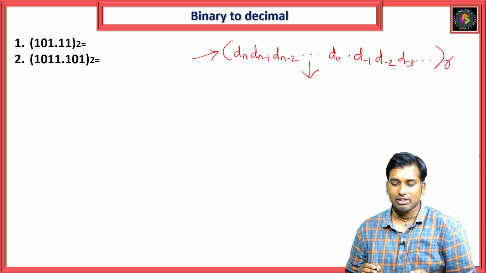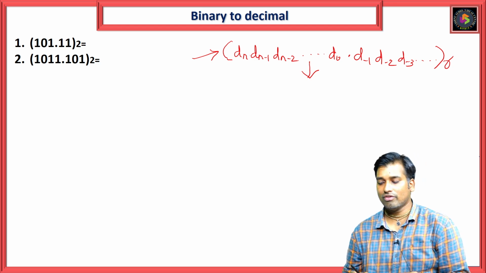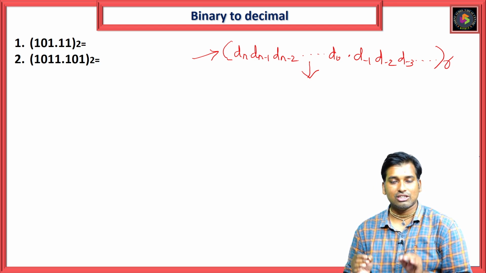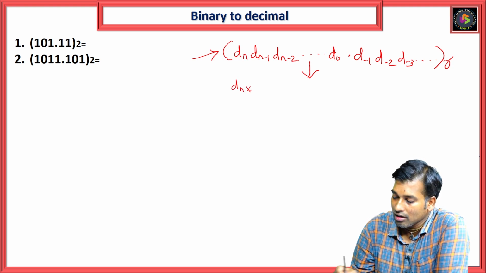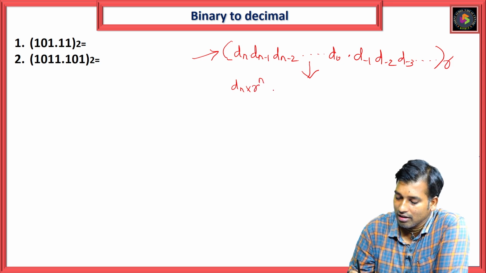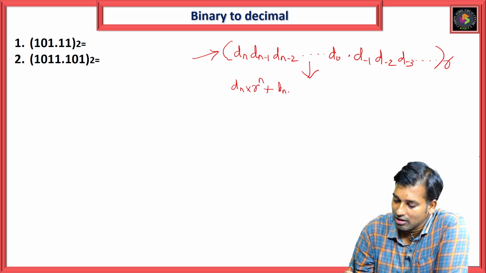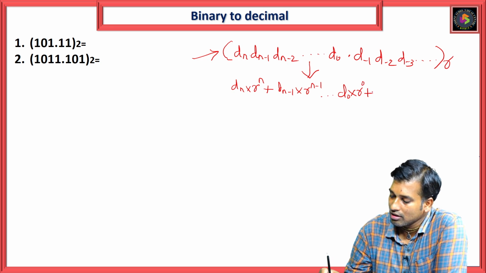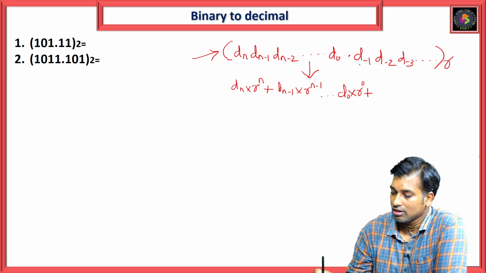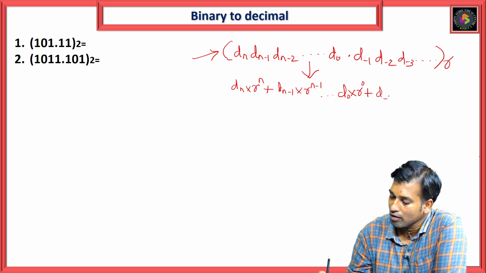How to convert it into a decimal number system? There is only one way. We have to use the weights of that base and multiply with each of the digits. So dn is multiplied with r power n, plus dn minus 1 is multiplied with r power n minus 1, and so on. d0 is multiplied with r power 0, plus, in the case of the fractional part, d minus 1 multiplied by r power minus 1, d minus 2 multiplied by r power minus 2 and so on.